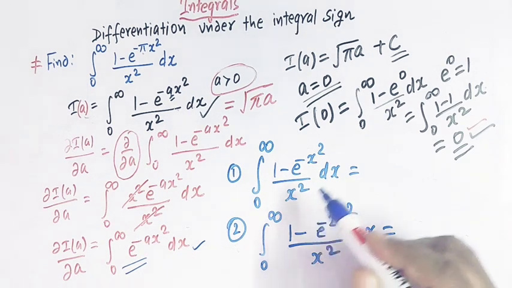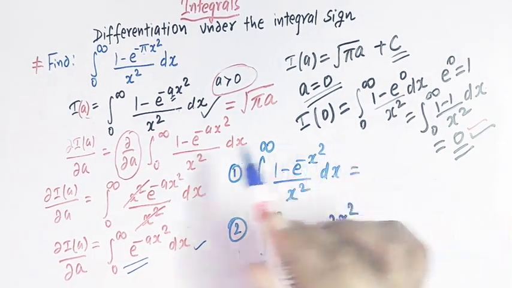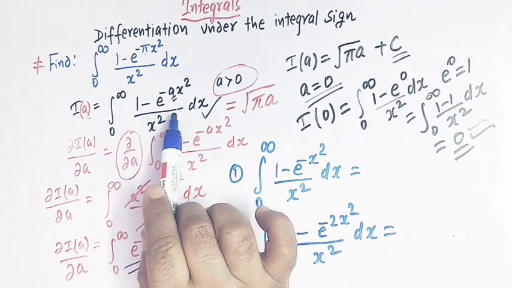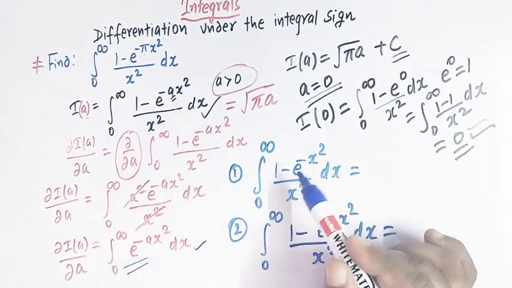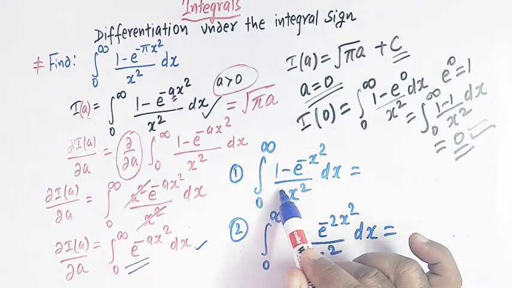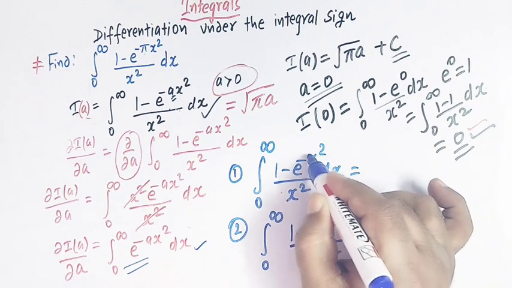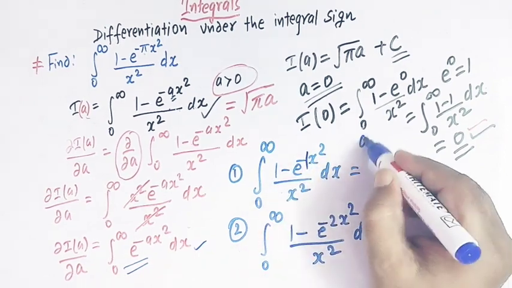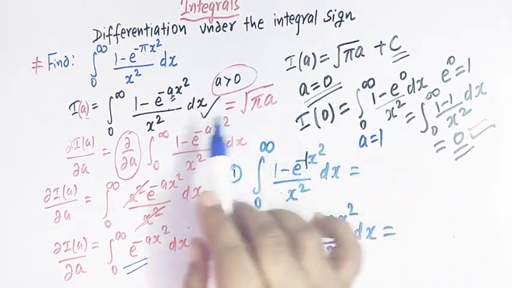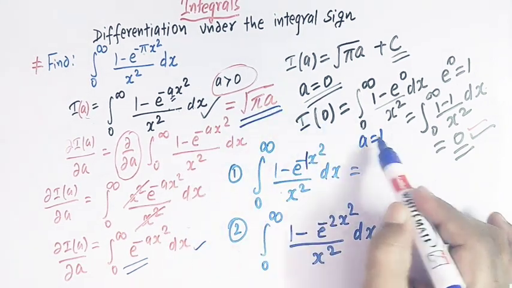Now, similarly, if we wish to find out the values of these two integrals, then we can easily use this result, right? So, taking the first integral, we can compare this integral with this one. So, here we have minus 1 x square. So, a is 1, right? So, the value of this integral is given by this expression by taking a is equal to 1.